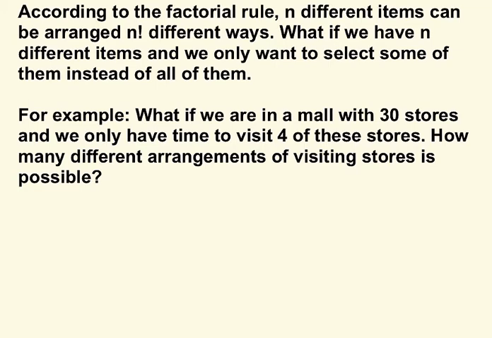According to the factorial rule, n different items can be arranged in n factorial different ways. What if we have n different items and we only want to select some of them instead of all of them? For example, what if we were in the mall with 30 stores, so n is 30, and we only have time to visit 4 of these stores?